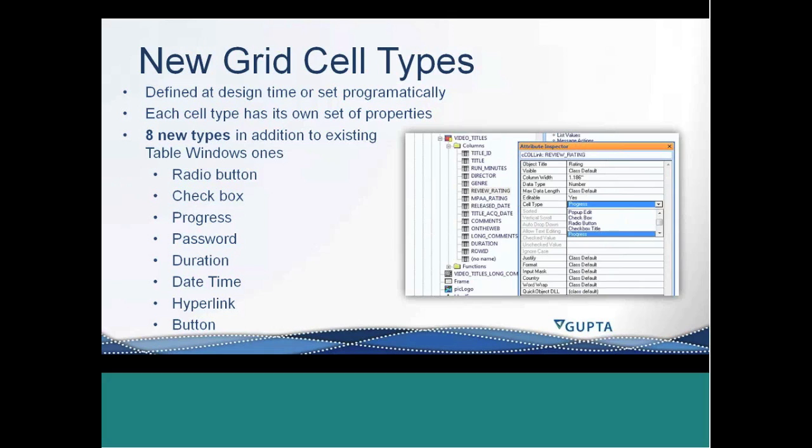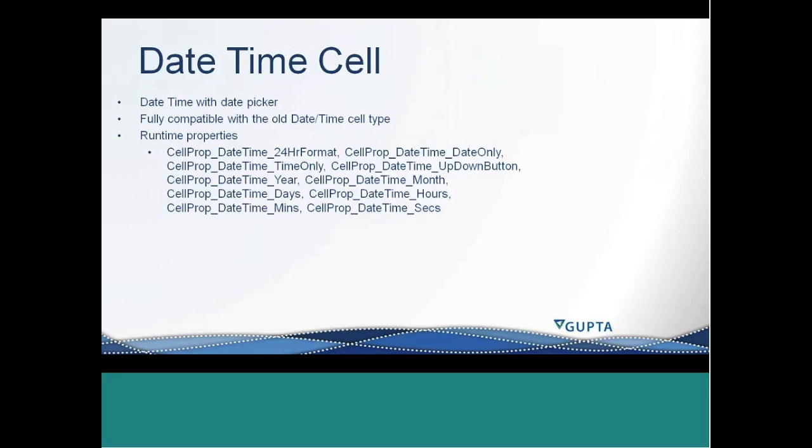So for each of the new types that we introduced, you can set properties during design time or runtime. The new types were the radio button, checkbox, progress bar, password field, duration, datetime, hyperlink, and the push button cell type. Let's have a look at each of them individually.